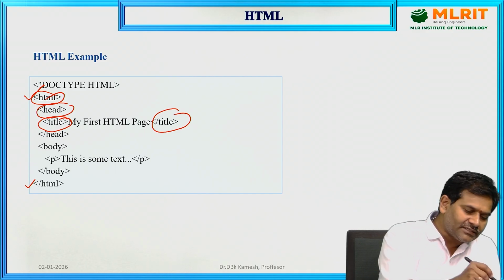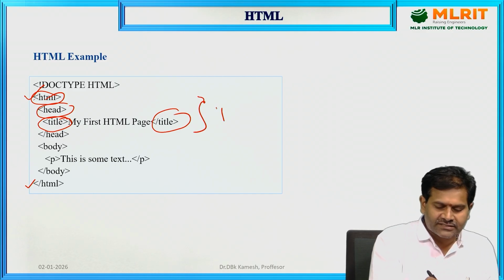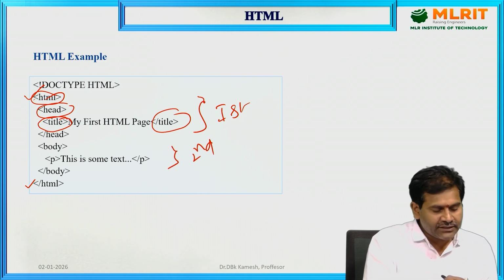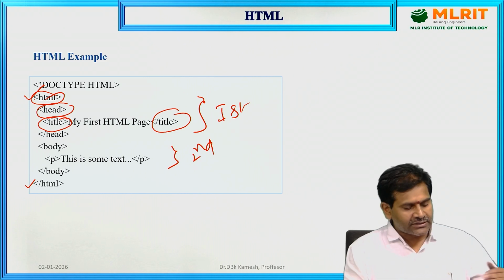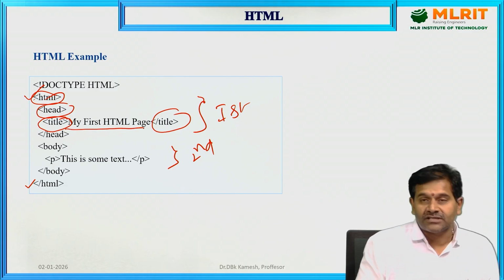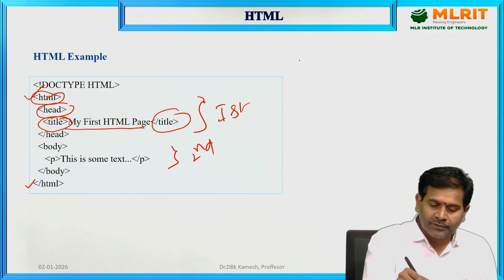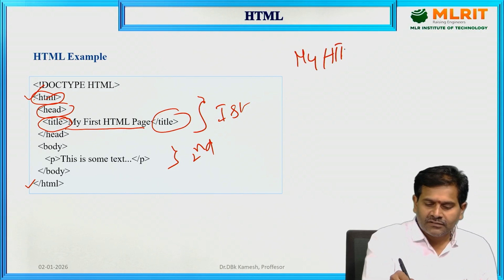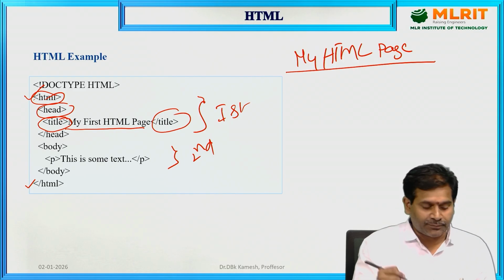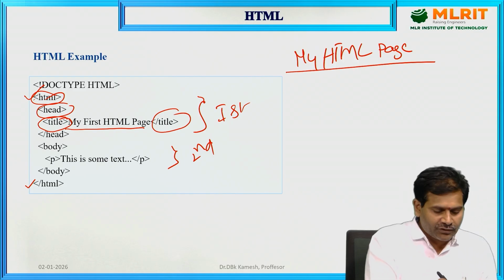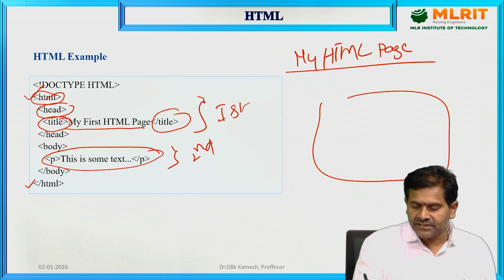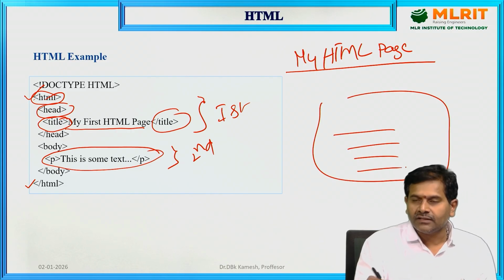In the title we have written my first HTML page, which shows at the top of the page, in the title part. In the body part, whatever content you write is shown in the web page.